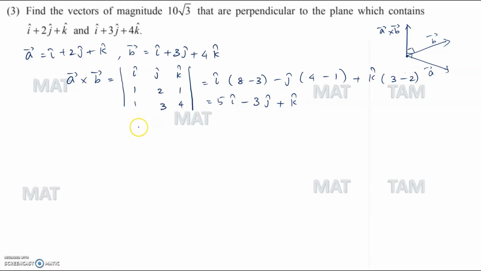Now we can say that this vector, which is the vector product A cross product with B, is perpendicular to both of these. So we are asked to find a unit vector, n cap.